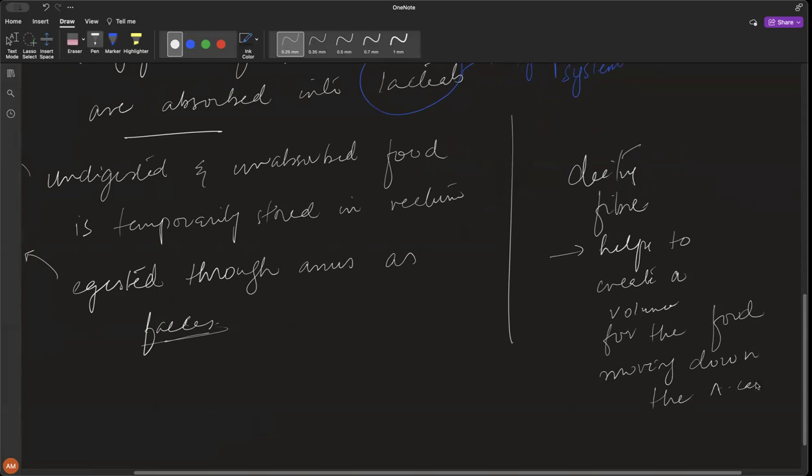It gives it a mass, it gives it a volume.